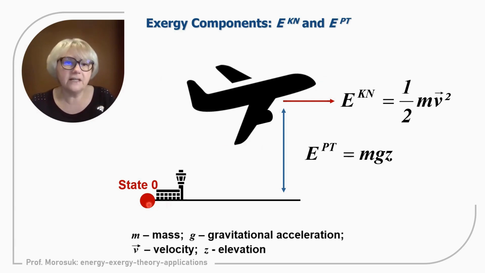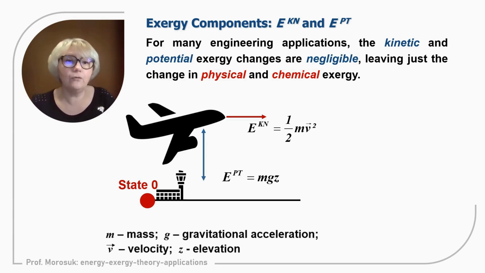airplane. State 0 we will fix with the airport, and then the airplane will have kinetic and potential energy. Kinetic energy will be associated with the speed of the airplane, and potential energy with the elevation of the flight for this airplane. And now, flexibilities of exergy analysis. We know that in exergy analysis, very often, effects of kinetic and potential exergy are negligible.